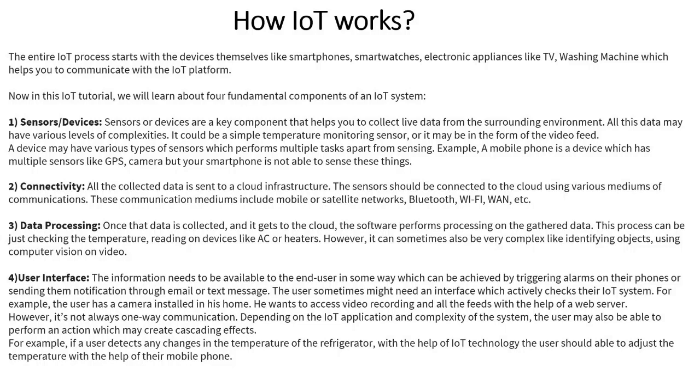A device may have various types of sensors which perform multiple tasks apart from sensing. Example: a mobile phone is a device which has multiple sensors like GPS, camera, but your smartphone is not able to sense these things.